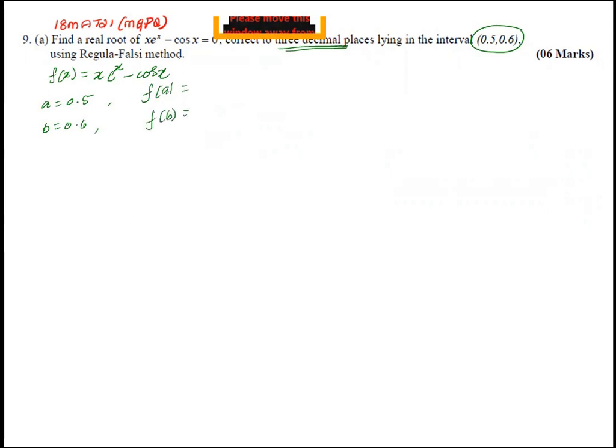Okay, and f of a is minus 0.0532. Okay, and keep in mind that your calculator must be in radian mode to do this operation with the cosine function.